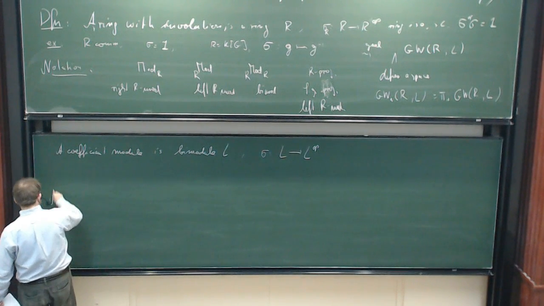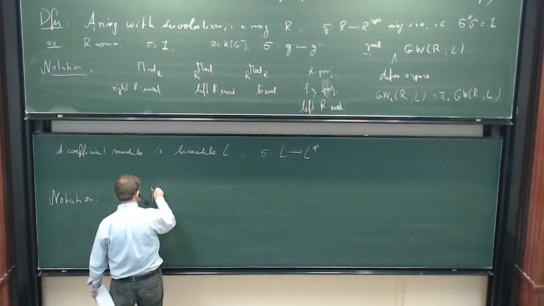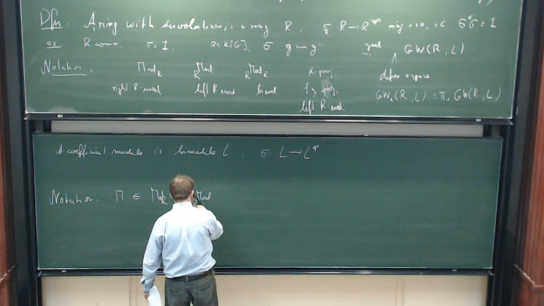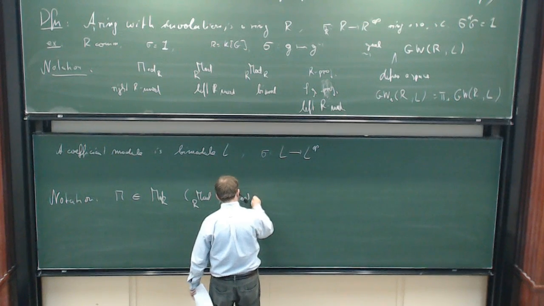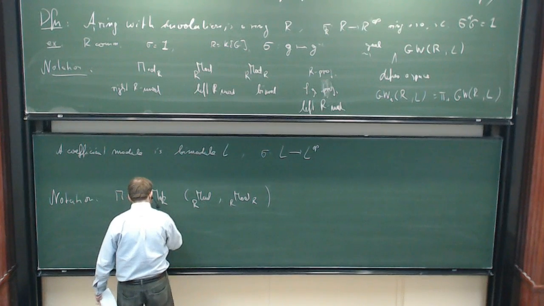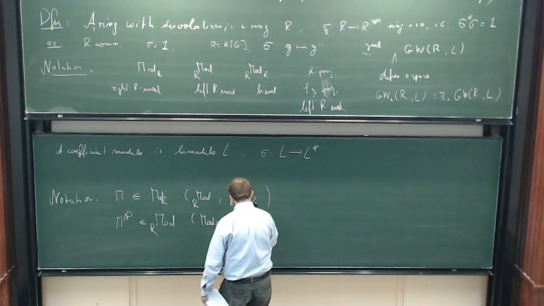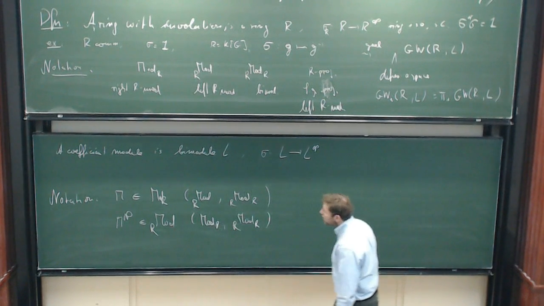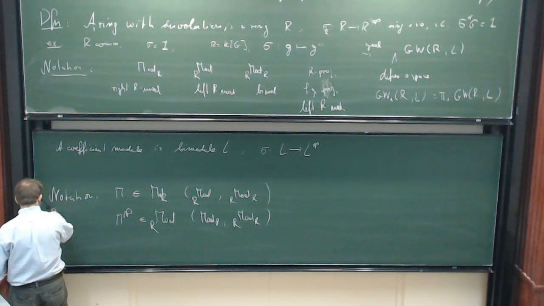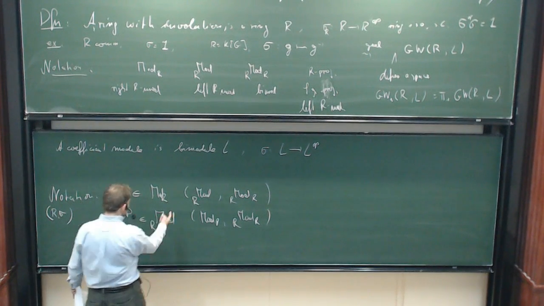Notation: if M is a right module, or a left module, or a bimodule, then I'm going to write M op for another module. It's going to be a left module, right module, or again a bimodule, where I just use the duality on my ring R to switch left and right modules.